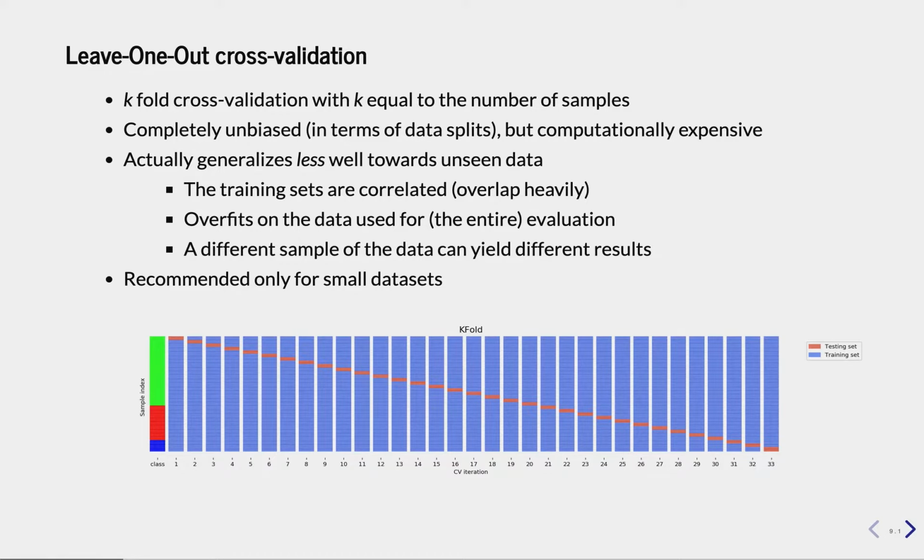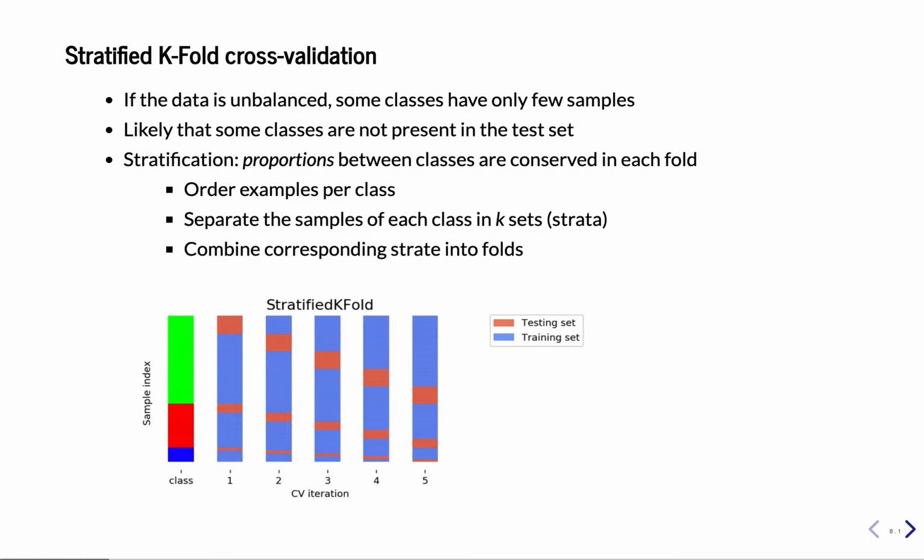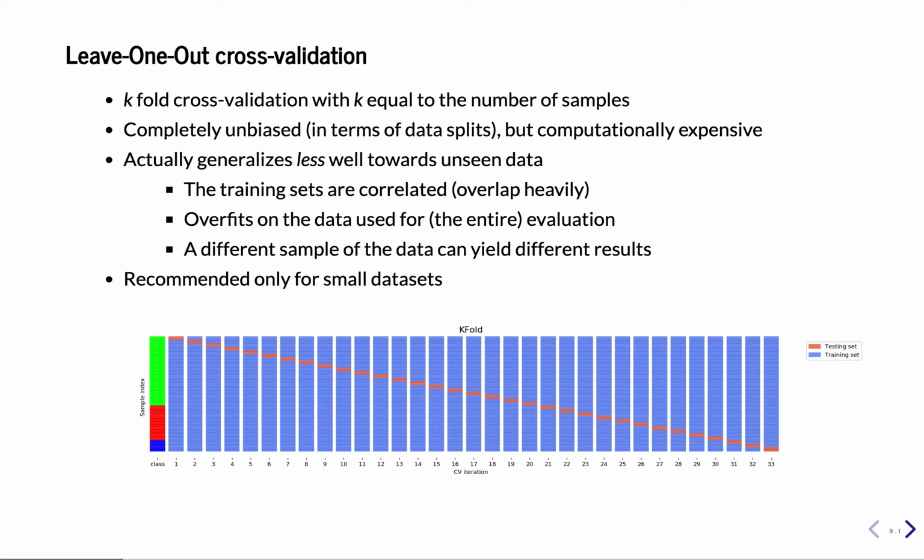Now, you could ask yourself the question, how many folds do I need? Typically, the more folds you have, the better. Why? Because if you have a large number of folds, your training sets are going to be larger. And if your training sets are larger, they're more representative of the full data set, right?